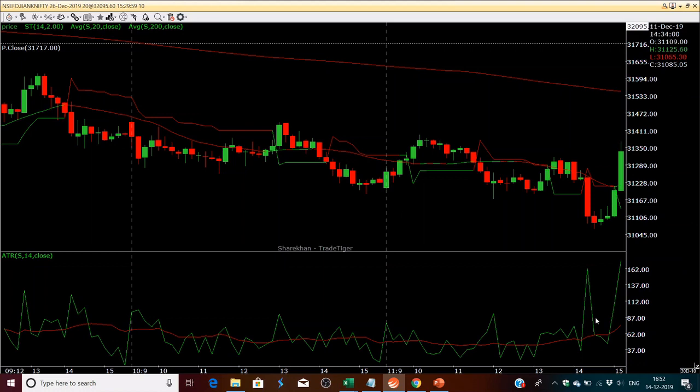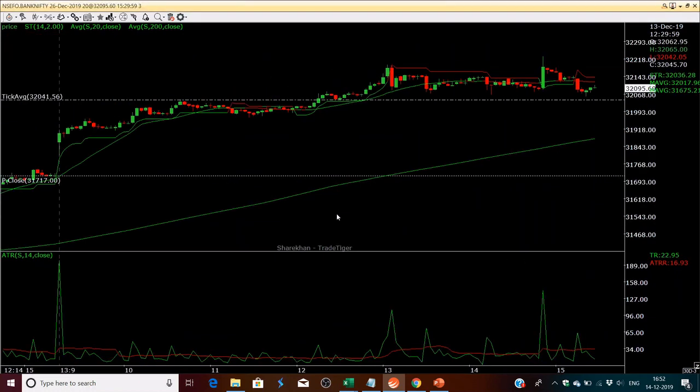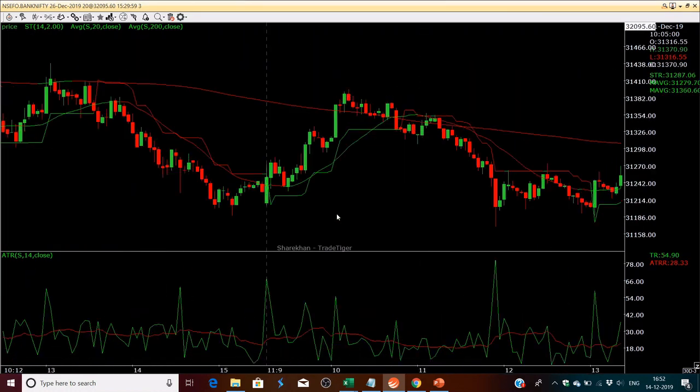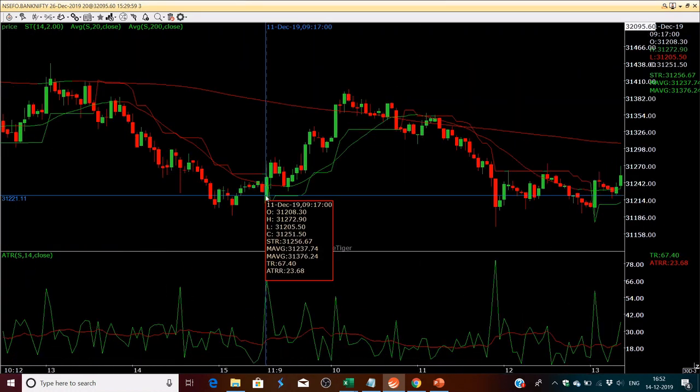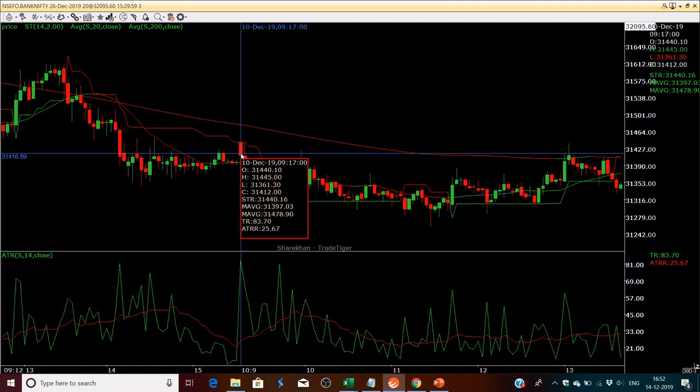And there is one more technique, like if you're trading in, say, 3 minutes, let's go to a different day. This is 11th December. Okay, let's see a short. This is the 10th December.